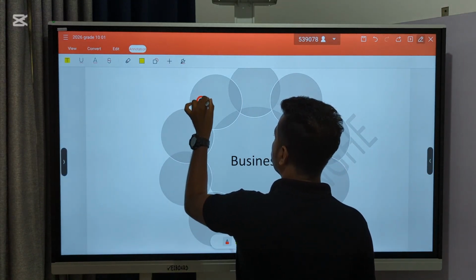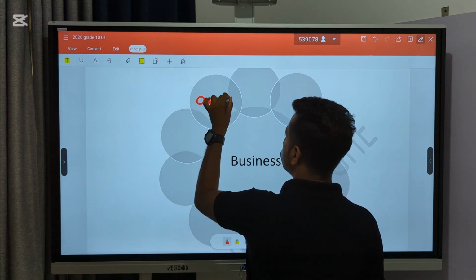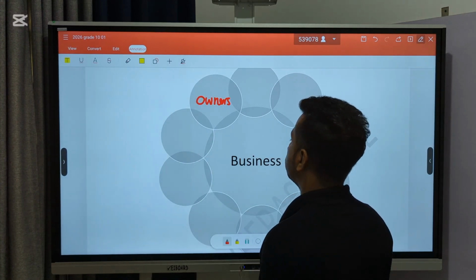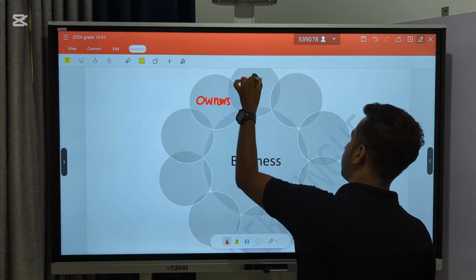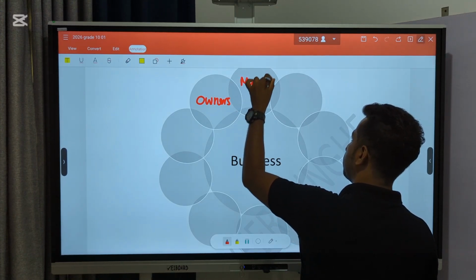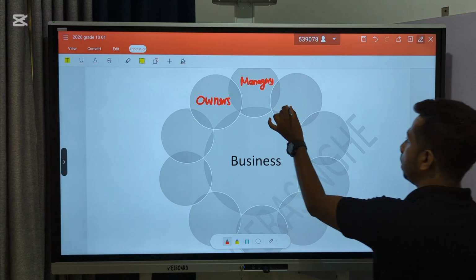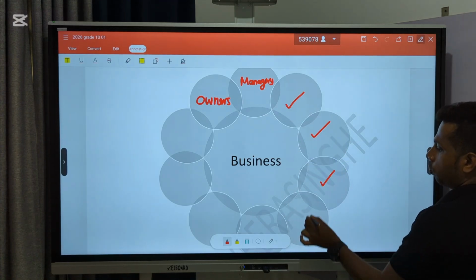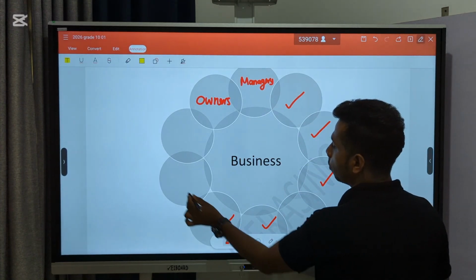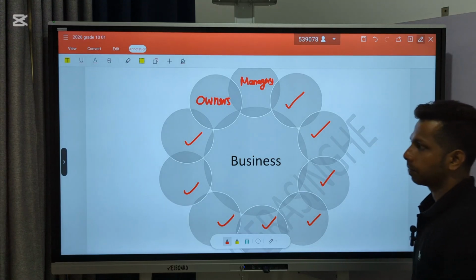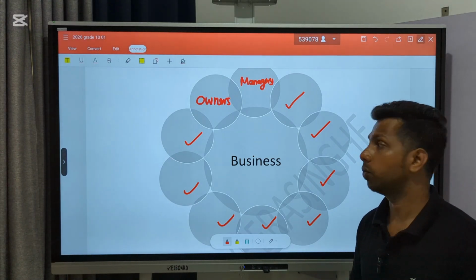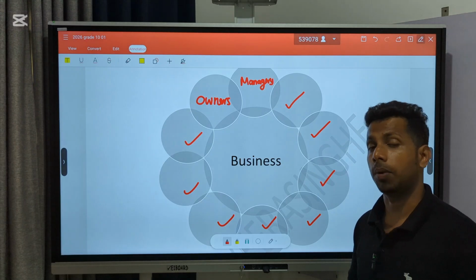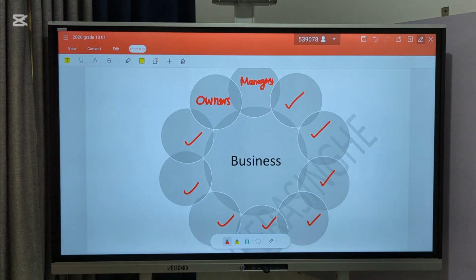Owners. We identify owners as stakeholders. You can complete managers on your own, and you need to complete the rest. Please make sure to mention all the parties who have an interest, according to the syllabus.